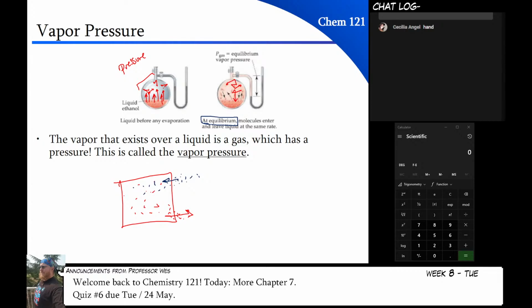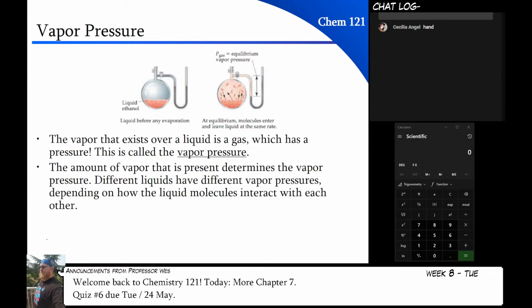The whole time molecules are evaporating, but also the whole time molecules are condensing. And eventually that equalizes, and you just have the same number of molecules in both phases over time. However many molecules are in the vapor phase, that's just how many there are. That pressure that we get to at equilibrium is our vapor pressure.